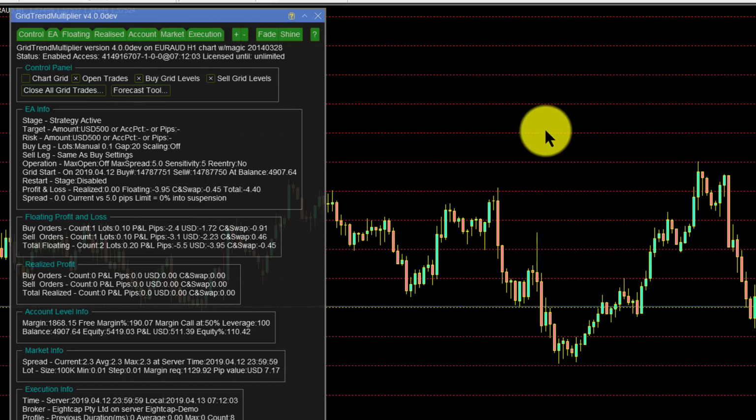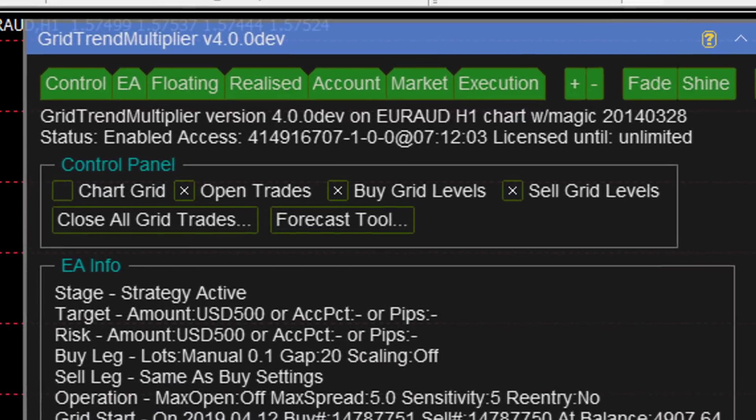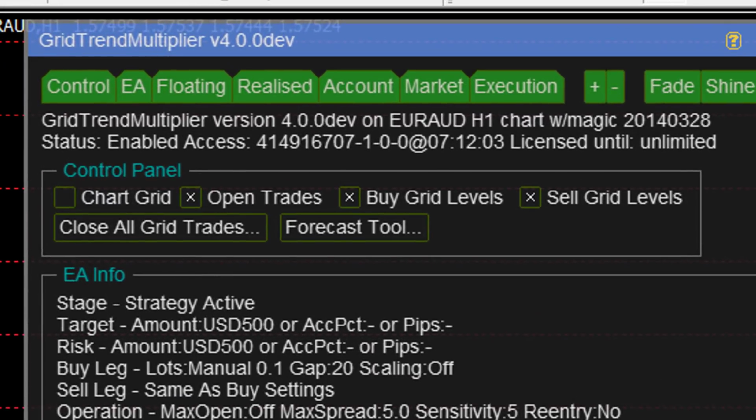Now the second one, which will be quite amazing to a lot of the multiplier traders, is we have added a forecasting tool. How this forecasting tool works is it will let you know in advance what your loss will be if the price suddenly shoots up, or if the price suddenly shoots down.